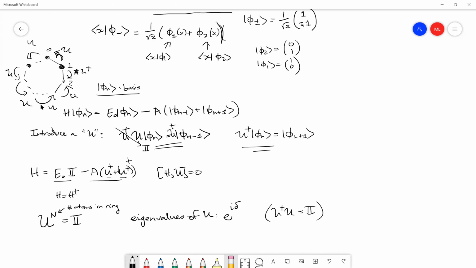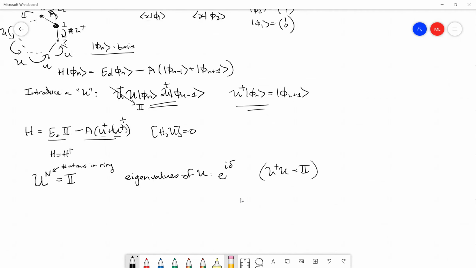If you recall from the first semester, eigenvalues of unitaries always have that form. So what does it mean? It means that the eigenvalues satisfy the following: if you take the eigenvalue and raise it to the nth power, it has to give back 1, just because of this constraint.